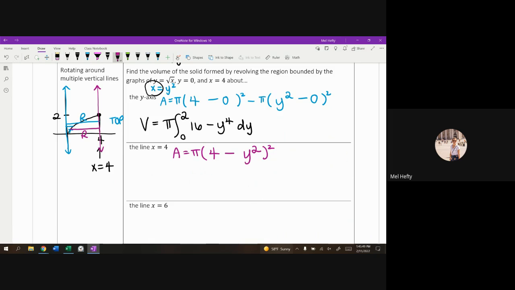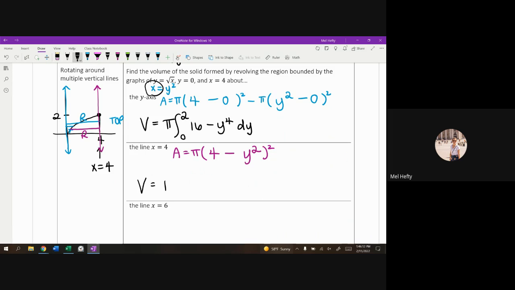So I always like to subtract in what I would consider the correct direction. You can check that by picking a y value. We've got y values between 0 and 2. Sorry if I said 0 and 4 before, I was looking at the x value. 0 and 2. So if I plugged one of those in, like y equals 1, I would get a positive radius here.